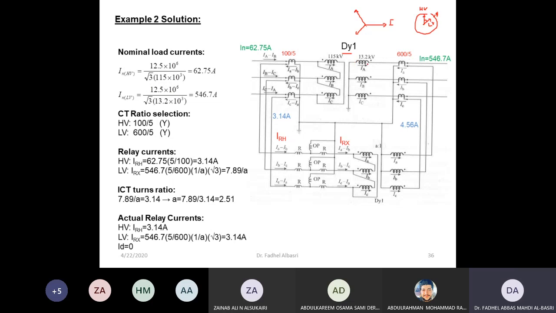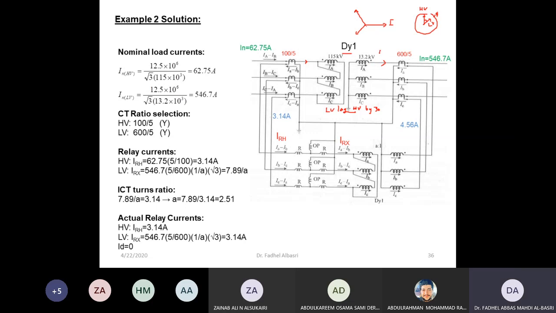So now this LV lags HV current by 30 degrees. So this is what it means, the Dy1. So that current, the LV, lags the HV current, which is this, by 30 degrees.